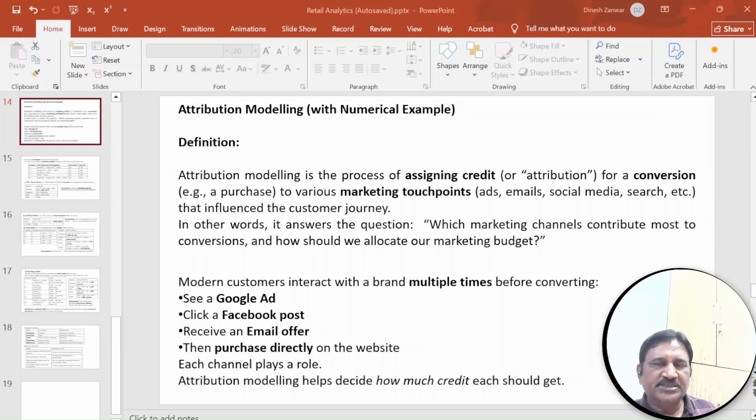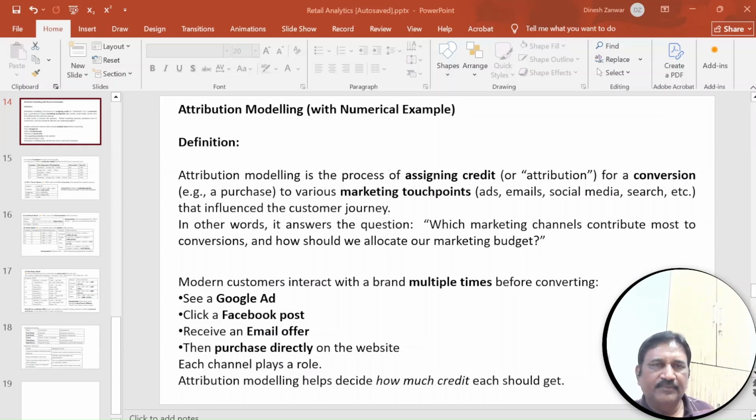Now we will understand the process of assigning the weights by means of a small example. Let us assume five customers and their conversion paths. Let us analyze how different attribution models distribute rupees 8,000 in total conversion value.